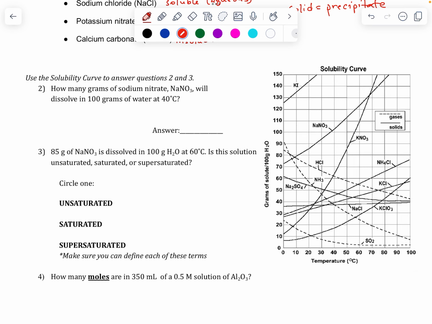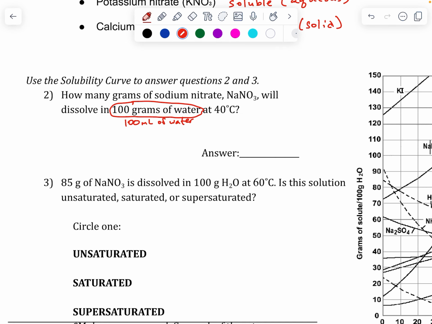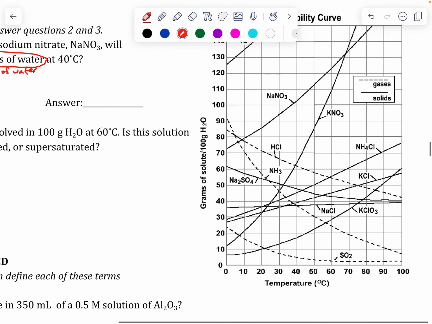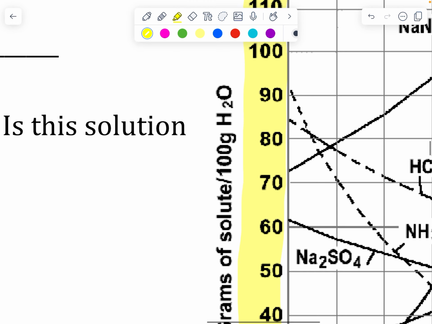So as we're looking here, again, 100 grams of water is also the same as saying 100 milliliters of water. With these problems, all of the values on this left side are how much of that particular substance we're able to dissolve, and it's in 100 grams of water.